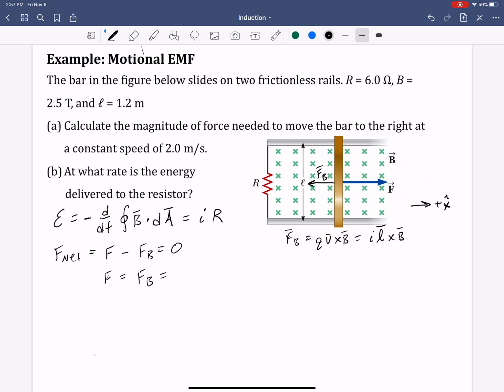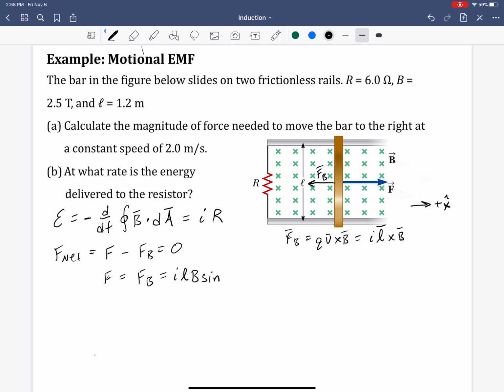The current times the distance crossed with the magnetic field direction, okay? We do know a distance L, and we can find a current value, right? Or a current magnitude, I should say. So let's use this second variation, and I'm actually going to write the magnitude of that.